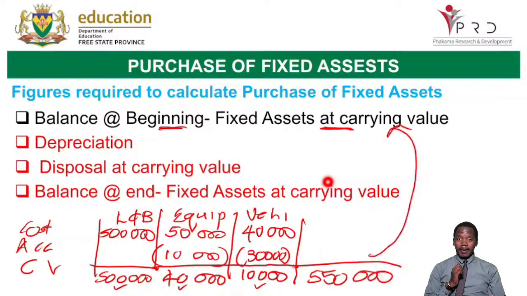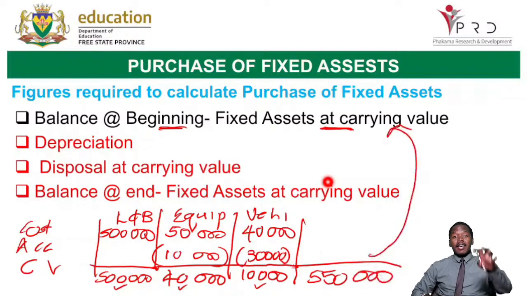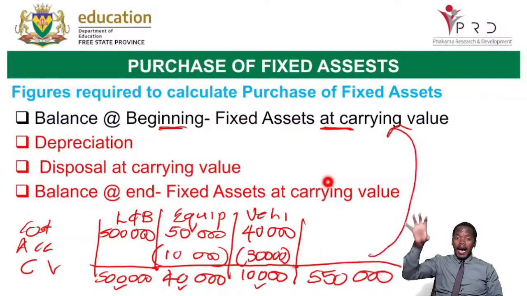What am I saying? For you to get the fixed asset at current value, you must take the current value of land and buildings plus the current value of the vehicles or equipment and then the other asset. Meaning land and building carrying value plus equipment carrying value plus vehicles carrying value.